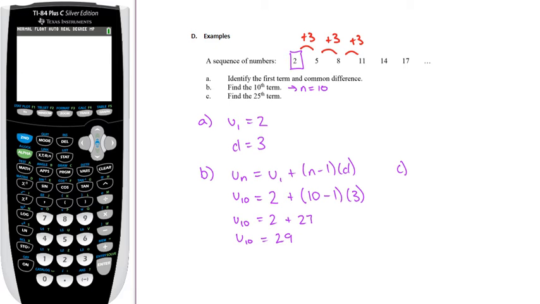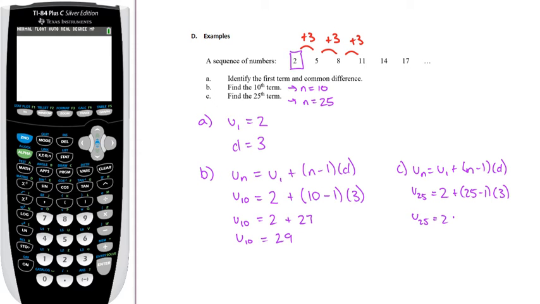And we can do the exact same thing for question C, except this time our term number of interest is 25. So we start with the formula that shows we know what method to apply to this question, and we sub in what we know. So n is 25, u1 is 2, and d is 3.